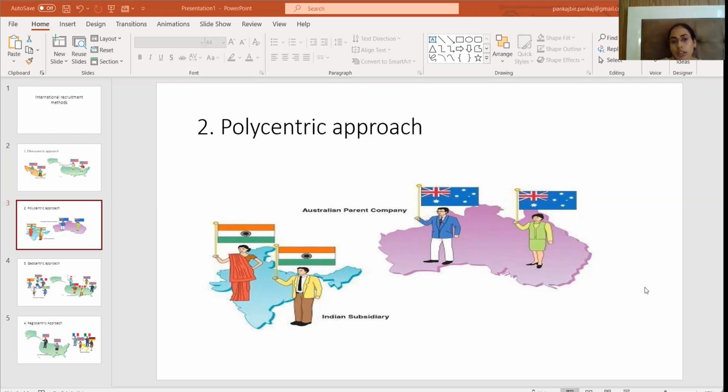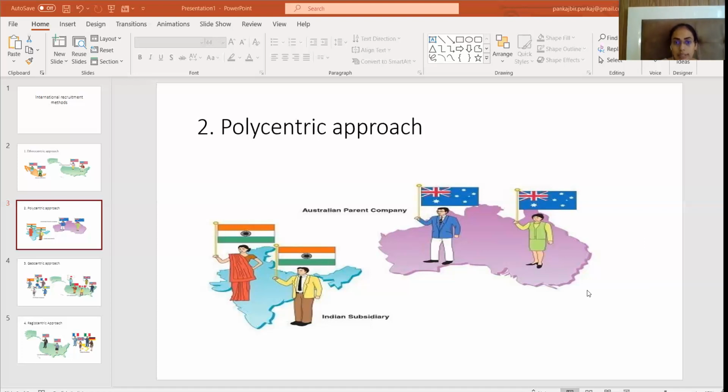Many international companies operating branches in advanced countries like Britain and Japan predominantly use the polycentric approach. The polycentric approach uses natives of the host country to manage operations in their country, and natives of the parent company to manage the home country office.